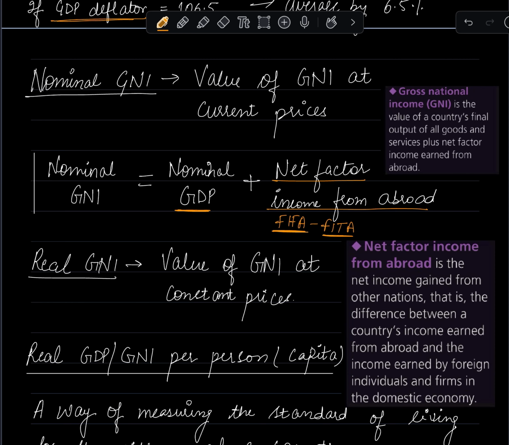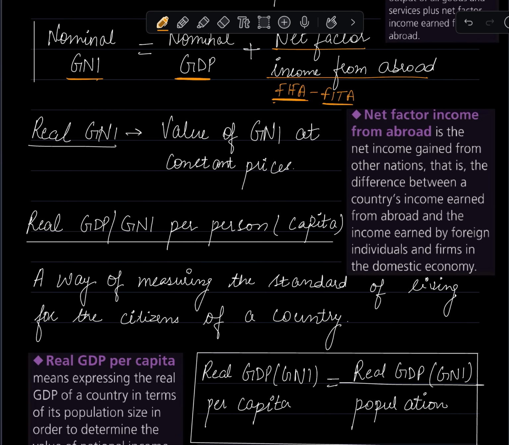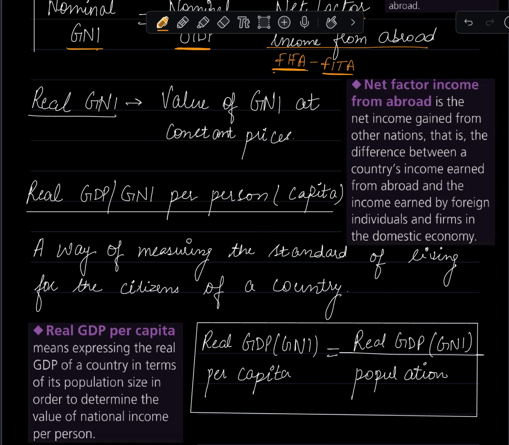So the formula for GNI is equal to GDP plus net factor income from abroad. Now the nominal GNI will be value of GNI at current prices, whereas real GNI will be value of GNI at constant prices.